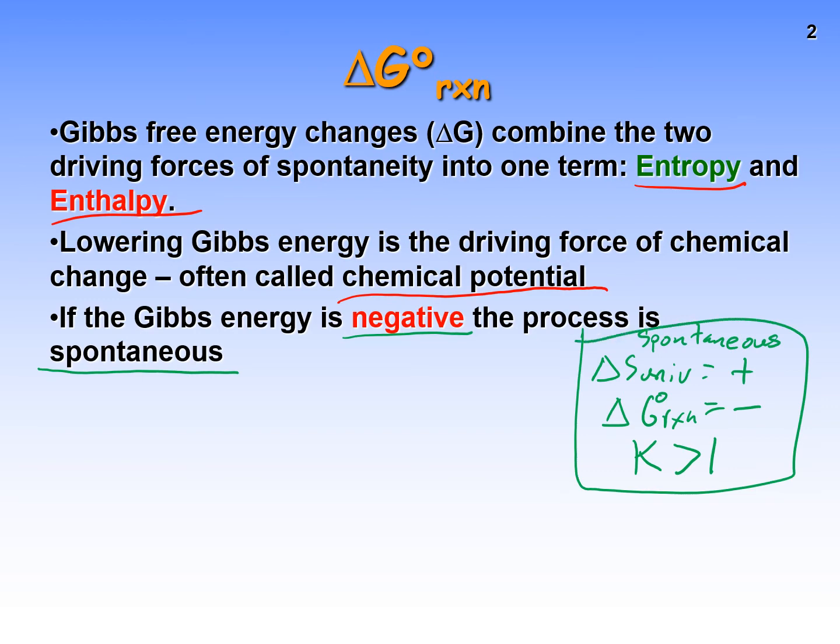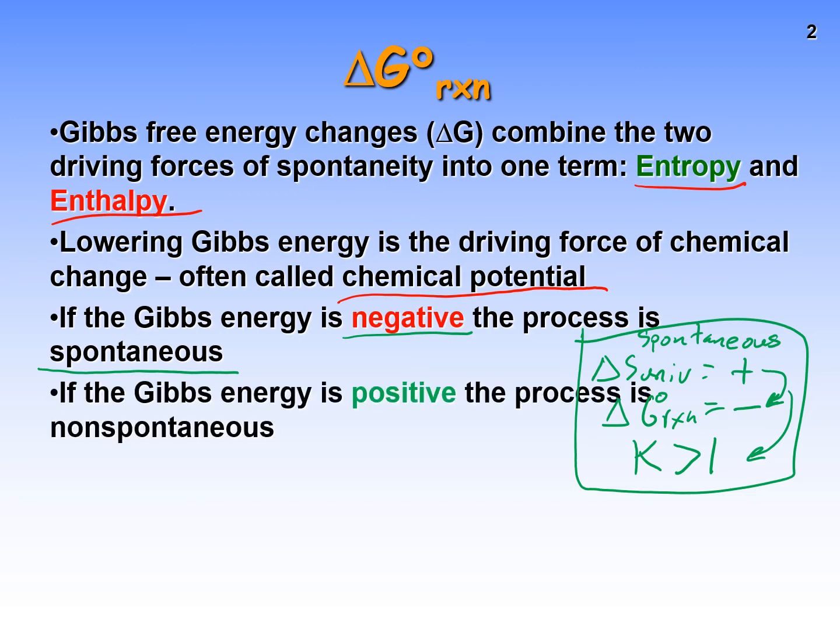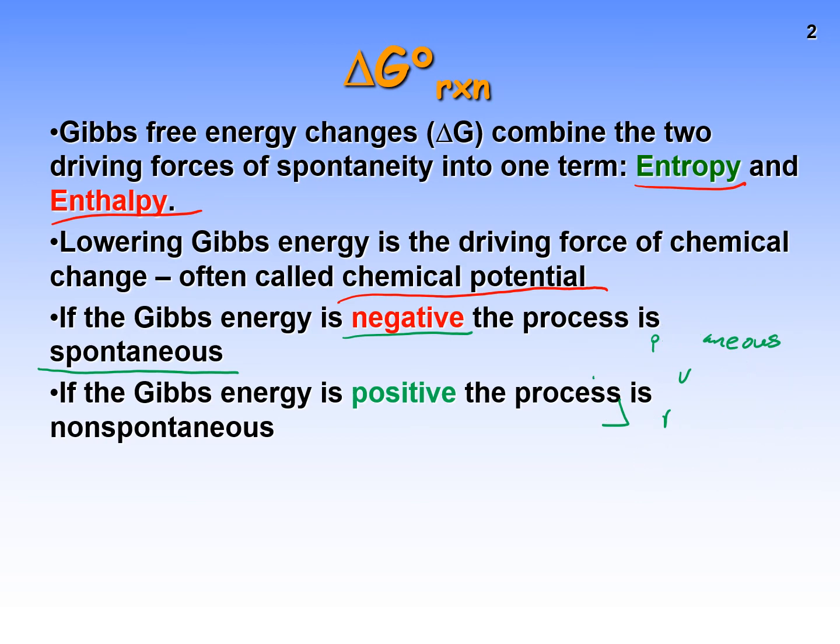Not just one of them, all three of them. So for instance, if I have a positive delta S universe, this means I will have a negative delta G naught, and it means I will have a K value that's greater than 1. If delta G is positive, obviously that means the process is going to be non-spontaneous.